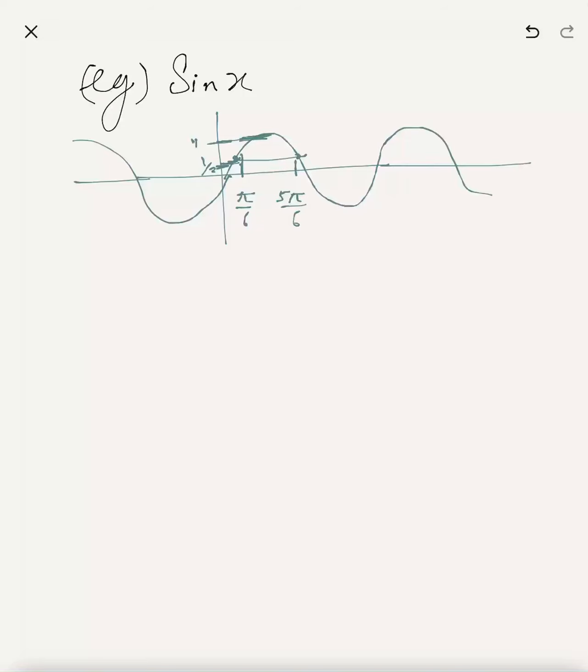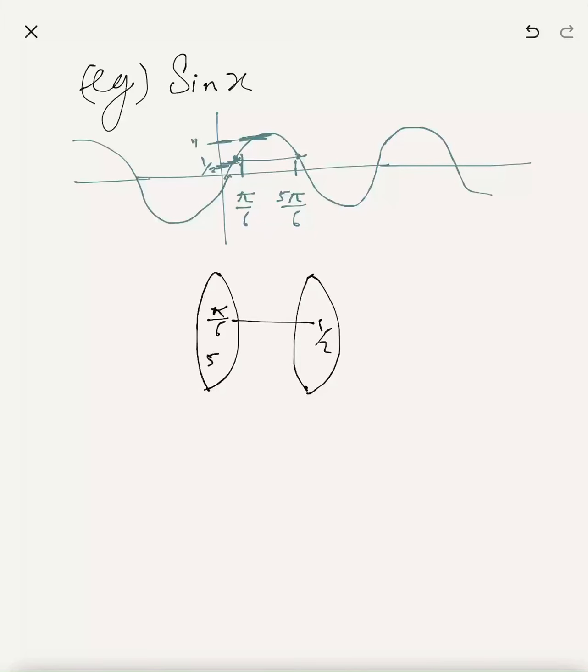See, at pi/6 you have got output half, isn't it?